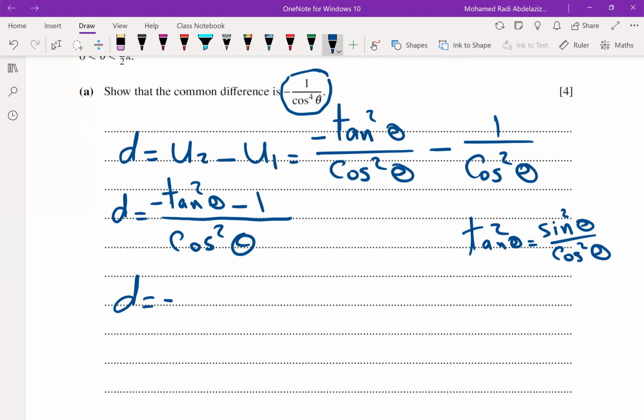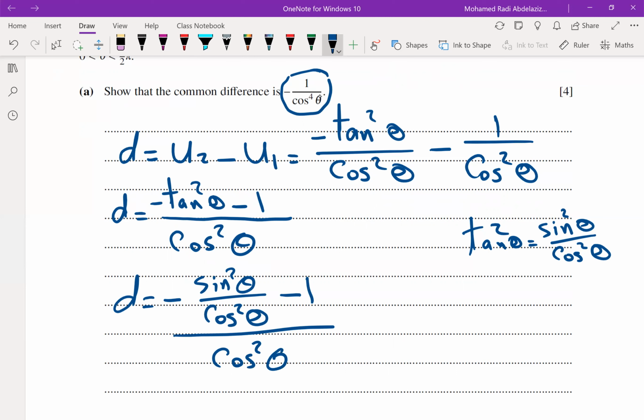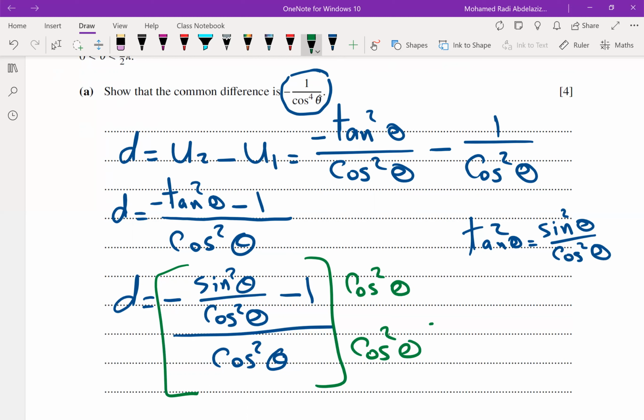By removing tan, write sine squared theta divided by cosine squared theta, minus 1, divided by cosine squared theta, by multiplying both by cosine squared theta to remove it from the denominator.